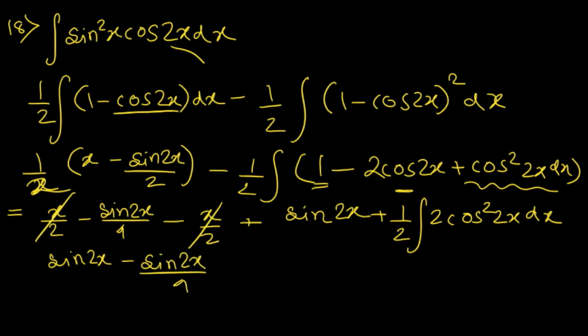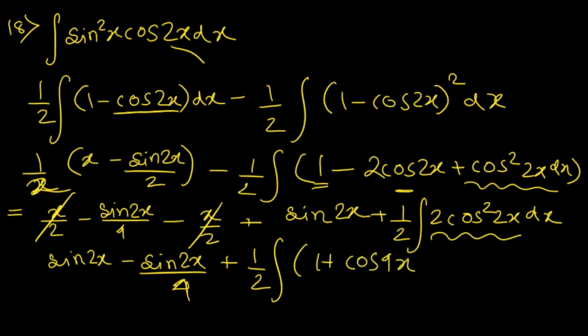This term gets cancelled. Okay, and now half of integration of 1 plus cos 4x. So this is a multiple angle and submultiple angle formula. So 2 cos square 2x gives 1 plus cos 4x dx, obviously.